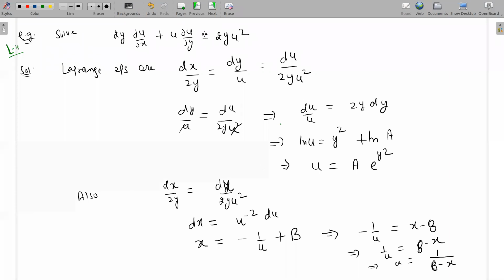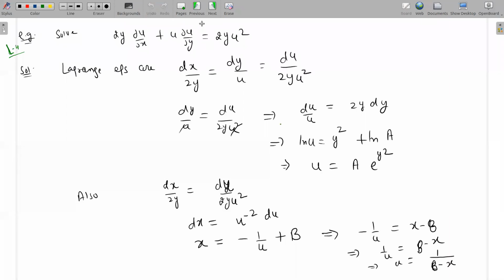Or you can write from second. Also, you can write from second. From this, b equals.